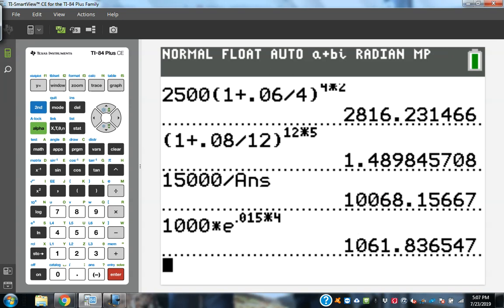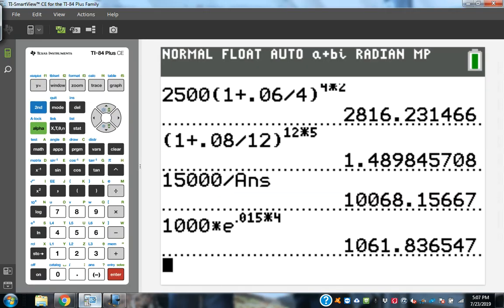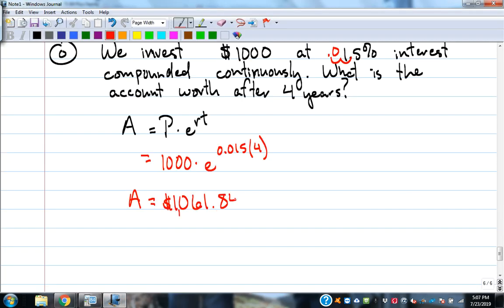We didn't make much money. $61.84. $1,061.84. 1.5% interest, not very much.